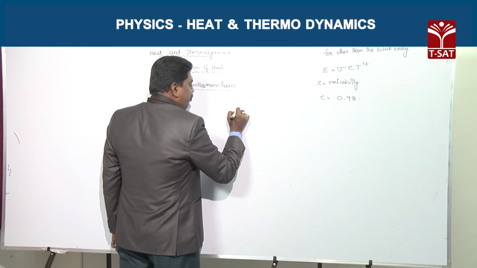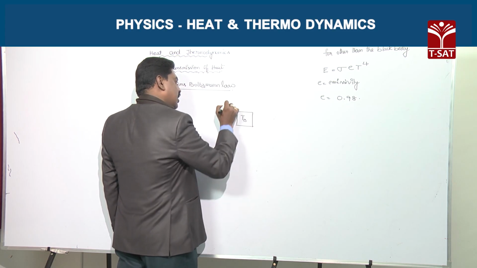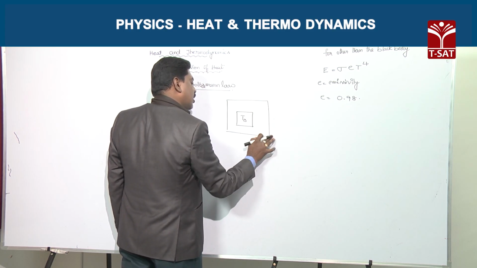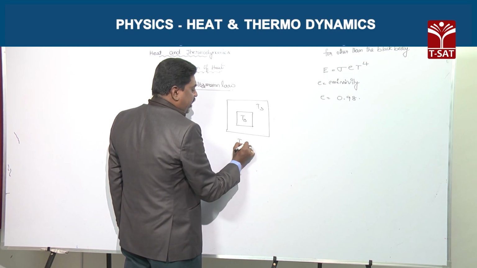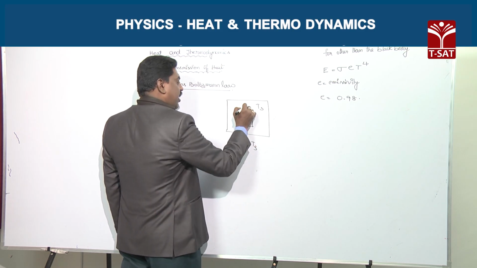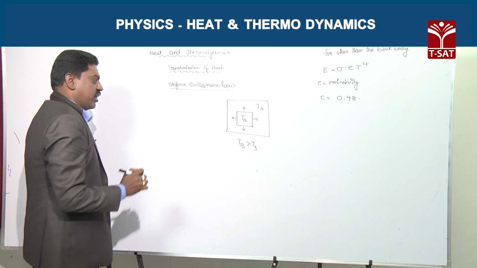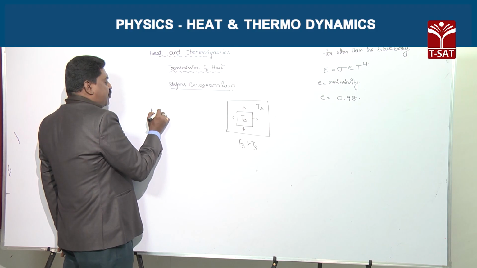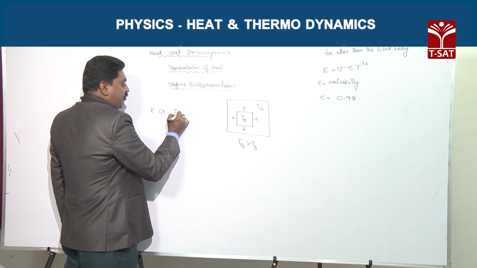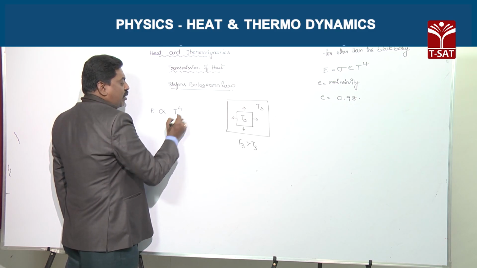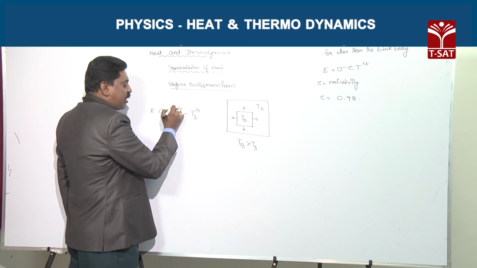When a black body of temperature Tb is surrounded by another body of temperature Ts, and Tb is greater than Ts, then heat is radiated from unit area in unit time from the black body. In such a case, the energy radiated per unit area per unit time is directly proportional to the difference of the fourth power of the temperature of the black body and the fourth power of the surrounding temperature.